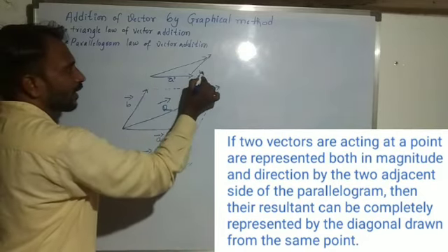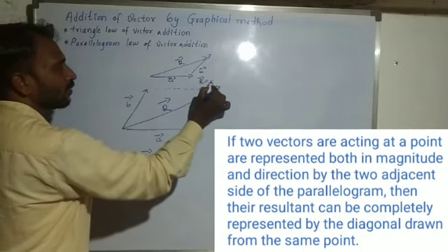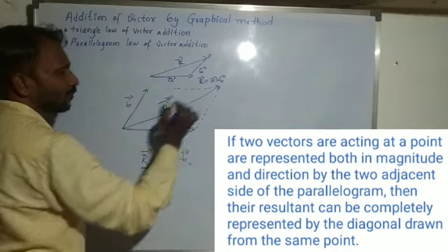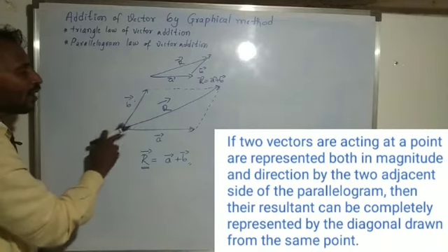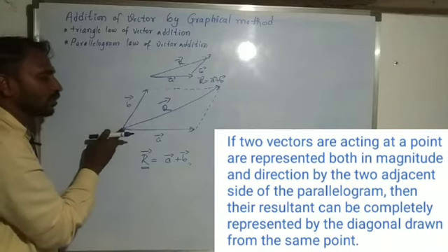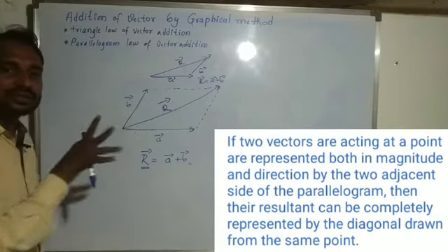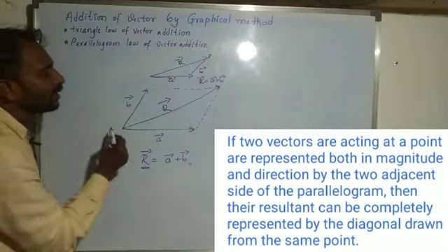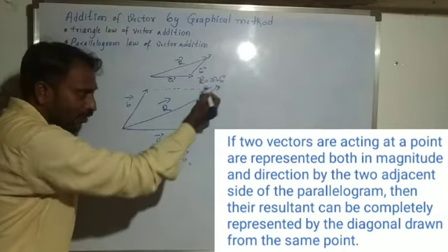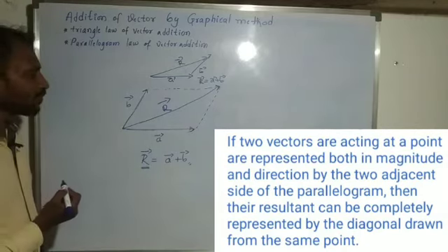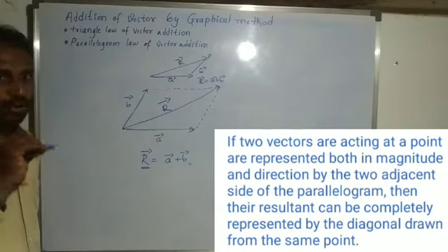So vector A, vector B, and resultant vector R, where R is equal to vector A plus vector B. And parallelogram means two vectors at a point, both representing magnitude and direction, represent two adjacent sides of a parallelogram, then their resultant is the diagonal, which we consider the resultant vector. This vector also starts from the same point.